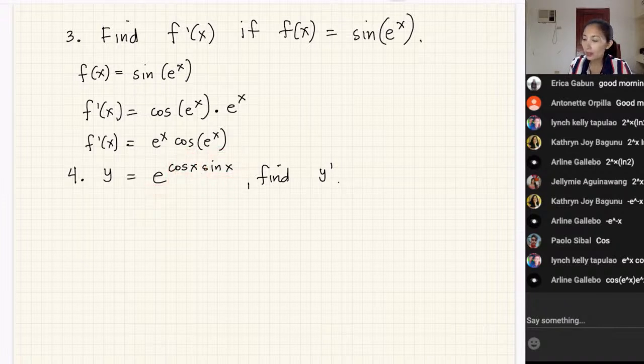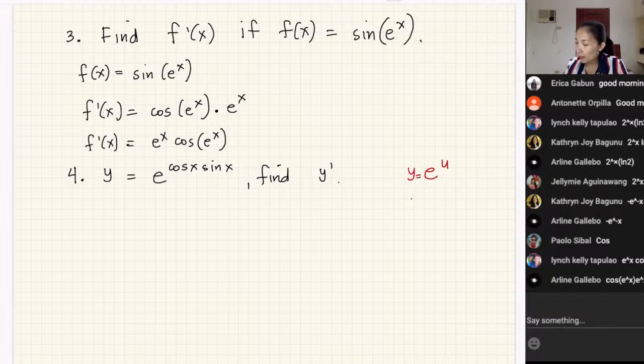So in here, we will apply both the derivative of an exponential function, e to the u, and the product rule, plus trigonometric functions, because the factors involved in our product are trigonometric functions. Here, your function takes the form e to the u.